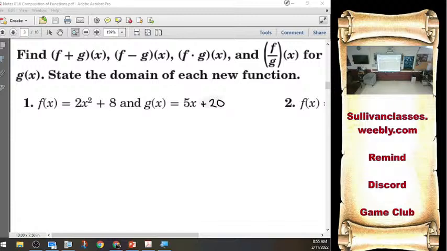Or would you need the negative for the? Yeah, no, I don't understand. Why would you do that? Because.